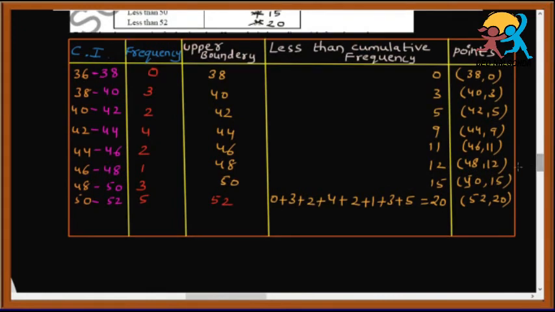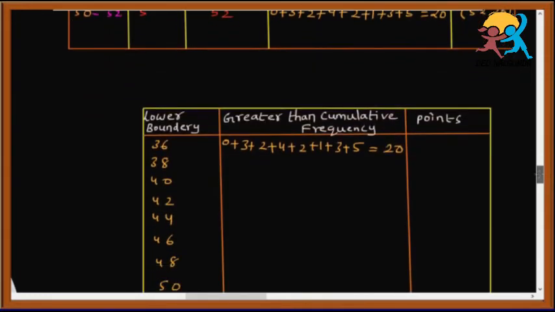Above 38 in the sense, so exclude 0 and the remaining numbers will be more than 38. So exclude 0 first. So it will become 3 plus 2 plus 4 plus 2 plus 1 plus 3 plus 5, that is equal to 20 again.